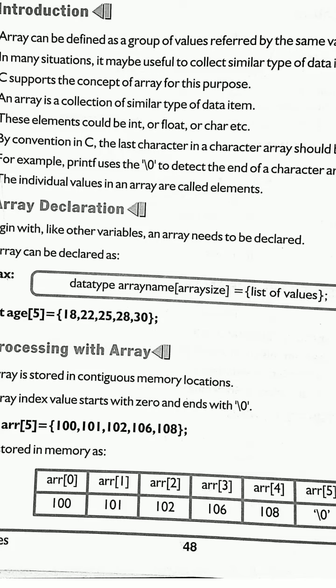In the example we have seen 5, so you can store 5 values in the array. You can even store as many values as you wish. You can store 100 values, even 1000 values, that's up to you or your program requirements.